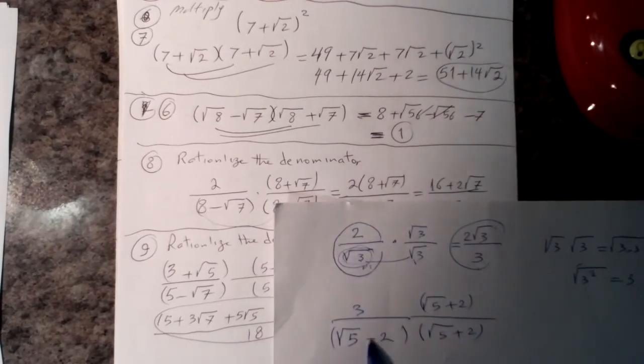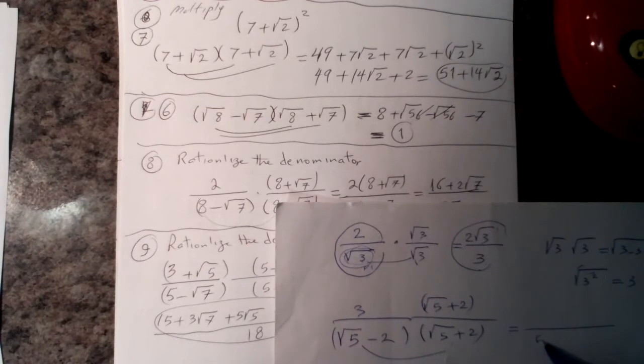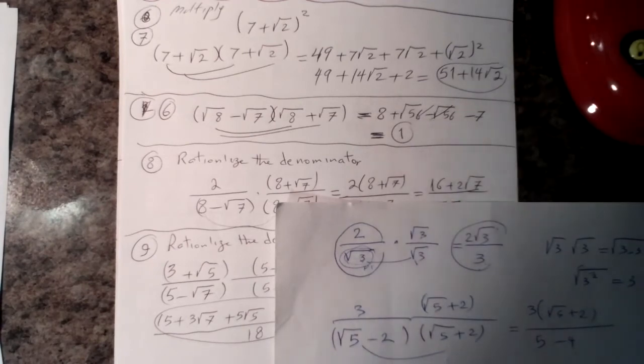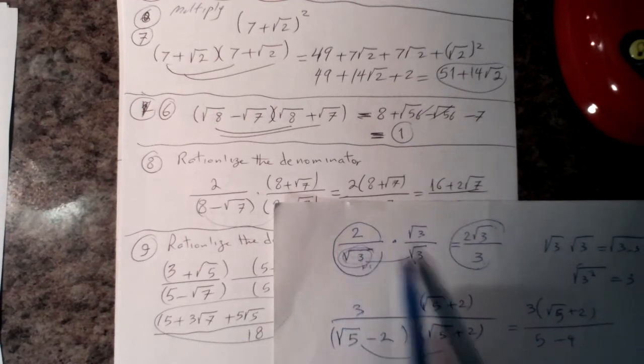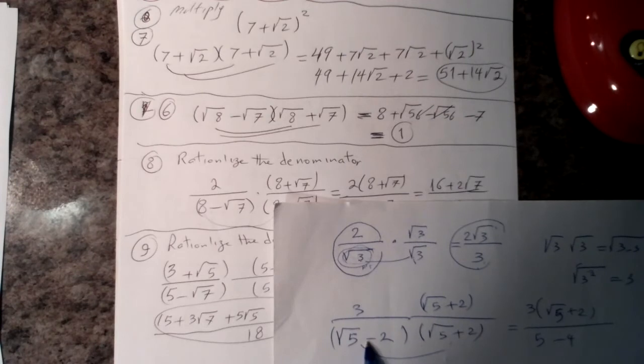Doing that, at the denominator you have just 5 minus 4, see? And the top is 3 times radical 5 plus 2. So you have two types of rationalizing. One is you just have one single radical, always multiply by itself. Or you have the difference or sum of two numbers and the radical. Then you have to use that conjugate formula.